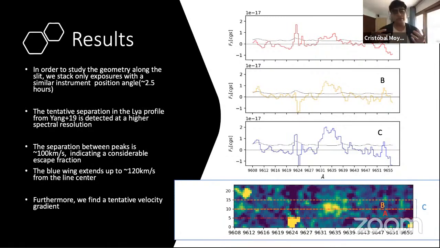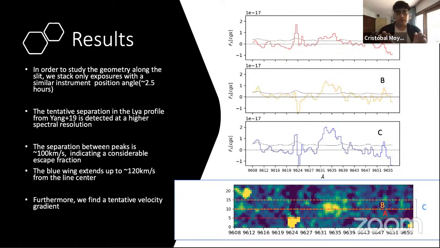I must mention that the FIRE spectrograph maintains a constant parallactic angle during your observations, meaning that the object will not have the same orientation in your slit throughout your observing run. So we stacked only the data that had a similar rotation angle. That left us with 2.5 hours of exposure time.